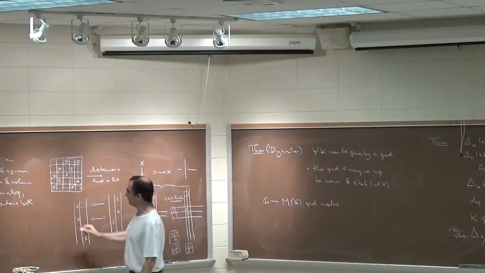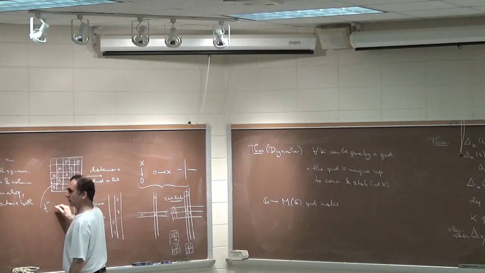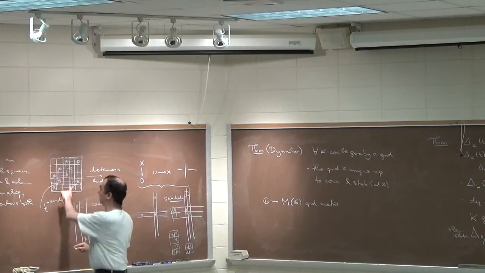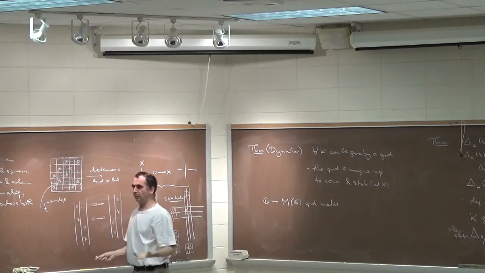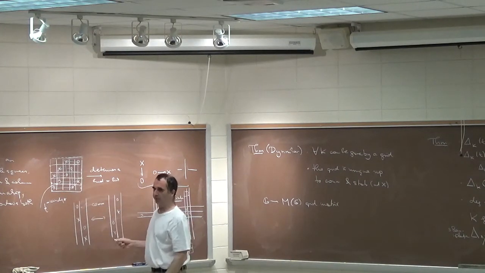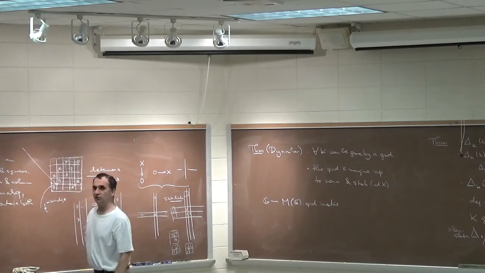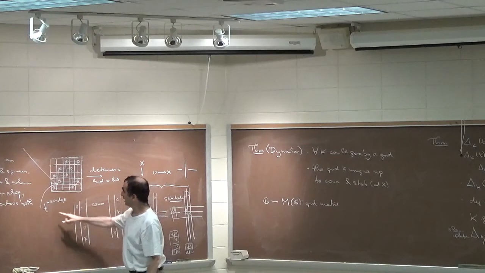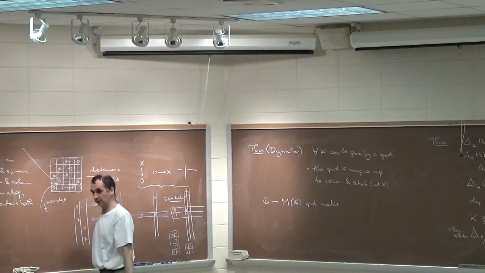And the monomial will be t to the minus of the winding number of the knot around that point. So we have an oriented knot. The winding number makes sense. Remember, to compute the winding number, you just take this guy, shoot out a ray to infinity, and you count how many times it intersects the knot with sign. And then you just get this matrix. This will be a matrix in monomials of t.